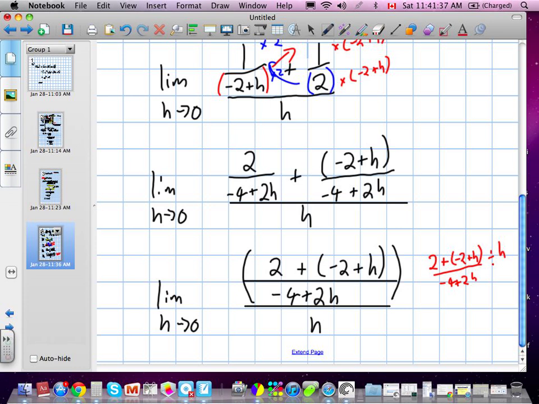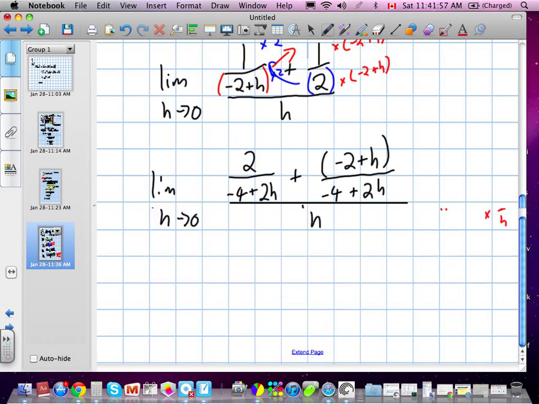But what I want to do first is I'm just going to get rid of our h's. So what happens is we're going to have to invert this fraction and multiply. So we're going to get the same function here multiplied by 1 over h, which means the h goes to the bottom of this function. So we're going to be left with limit as h approaches 0. Yeah, you're right.